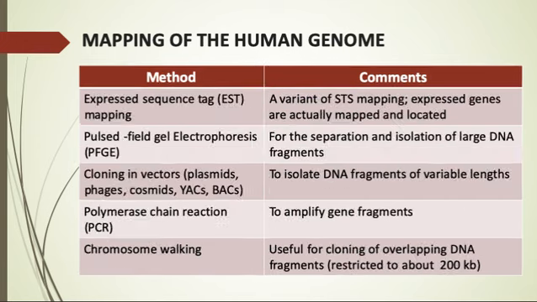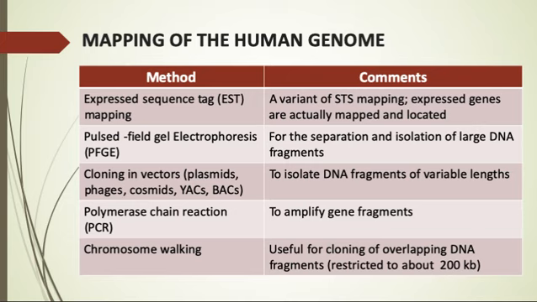Then you have expressed sequence tag mapping, that is EST. Here, a variant of STS mapping, expressed genes are actually mapped and located. And then you have pulsed field gel electrophoresis, PFGE, for separation and isolation of large DNA fragments.